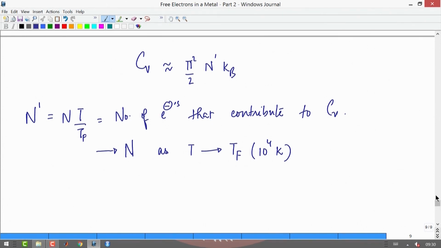So, this then also tells us what is the fraction of electrons close to 0 Kelvin that participate in the heat capacity. Well, you can now say that the fraction of electrons that participate in conduction and hence heat capacity.